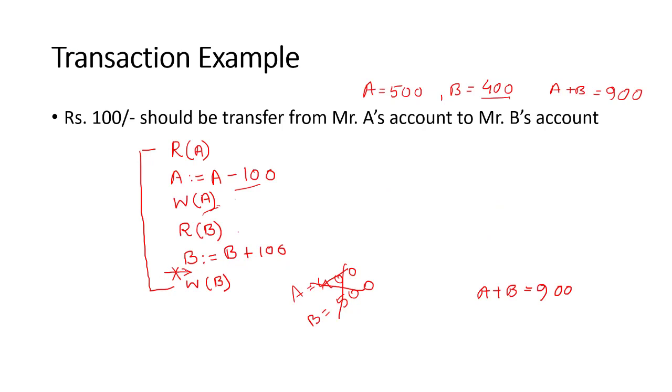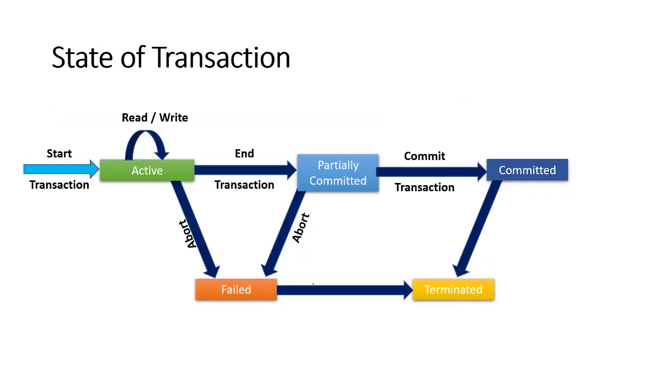So from the active state, we will move to the failed state. So we need to abort all the previous operations performed in the transaction. From the partially committed state, we also can go to the failed state because we haven't committed the transaction yet.